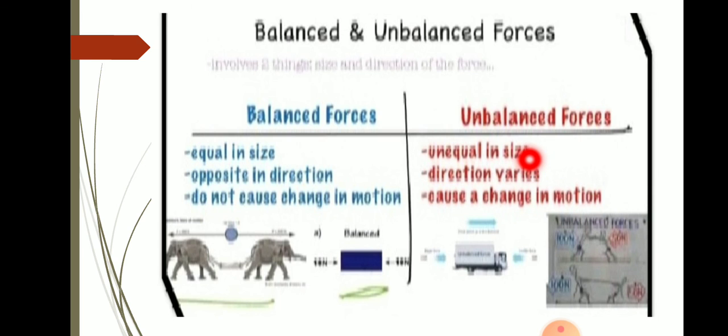And balanced forces act in opposite directions. But for unbalanced force, direction varies. It may act along the same direction. The forces may be in opposite directions or applied along the same direction.